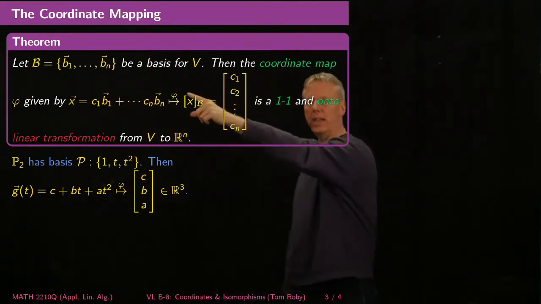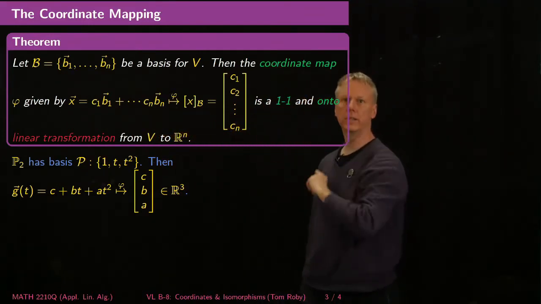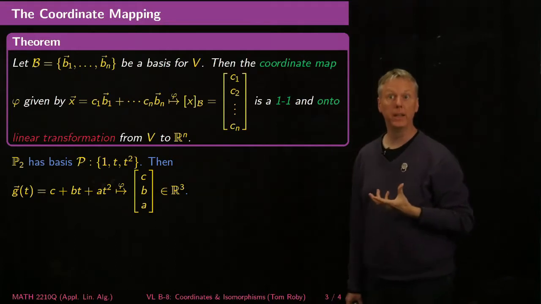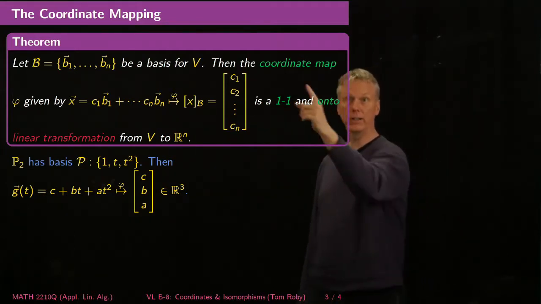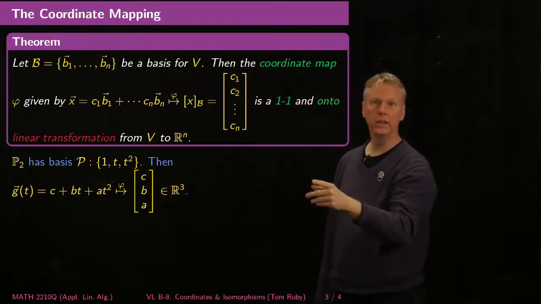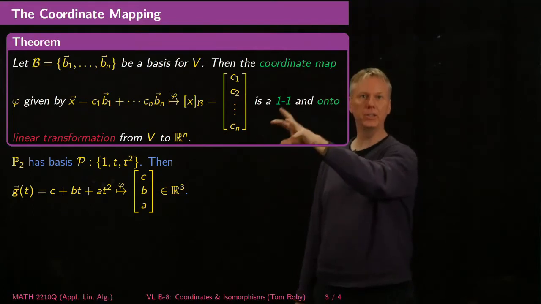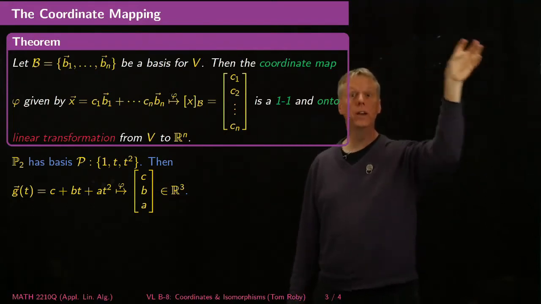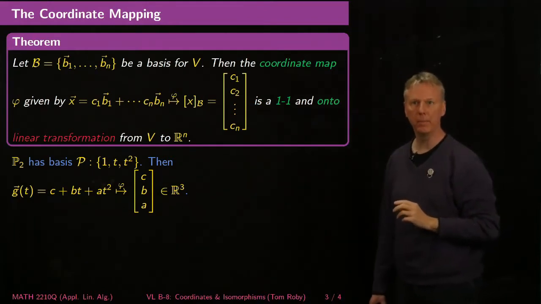And so then I can just say, well, what are those coefficients on the basis and make those the coordinates. That's the coordinate mapping. And what I claim is that this is a linear transformation from the vector space V to R^n, which is 1-to-1 and onto. So it's just a map that sends everything to a unique thing, and everything over here came from a unique thing over there, and it's the nicest possible kind of map.